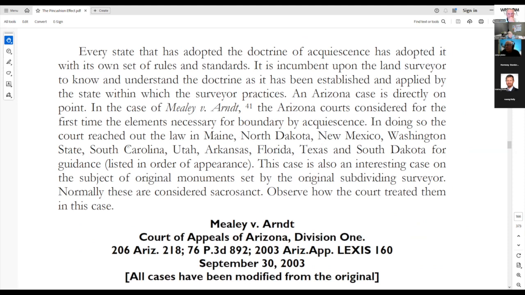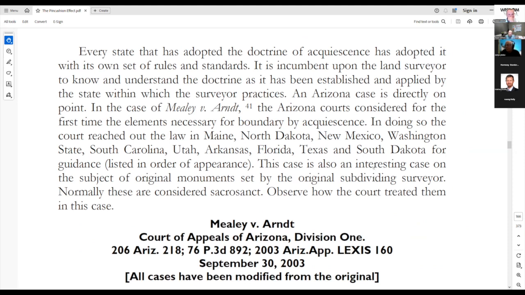In doing so, the court reached out to the law in Maine, North Dakota, New Mexico, Washington State, South Carolina, Utah, Arkansas, Florida, Texas, and South Dakota for guidance. It says listed in order of appearance. I don't know why Arizona went to Maine, the furthest state away, first, but there it is.